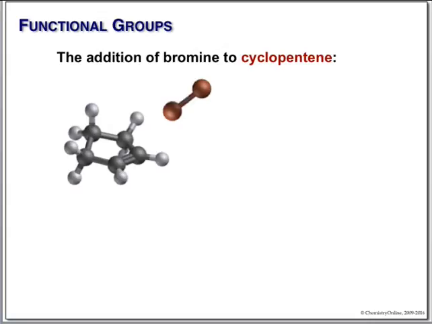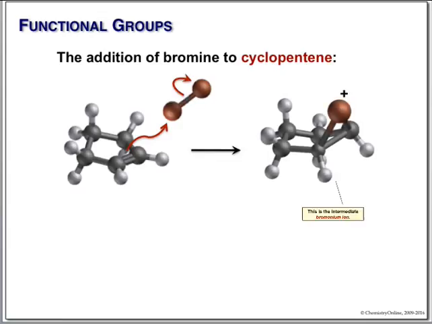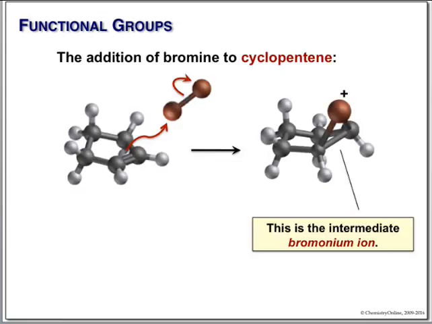This is cyclopentene, here's our double bond, and this represents bromine. In organic chemistry, we use lots of arrows to show the flow of electrons. Electrons flow from our pi system up here, and we form what's called a bromonium ion intermediate.